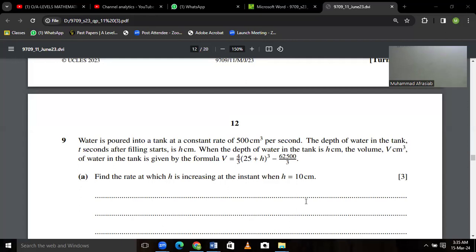When the depth of the water in the tank is h centimeter, the total volume of this tank is given by the formula V is equal to 4 over 3 (25 plus h) whole cube minus 62500 over 3. Find the rate at which height is increasing at that instant when h is equal to 10 centimeters.